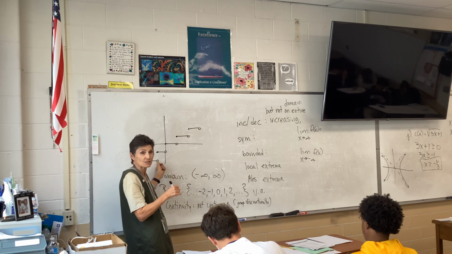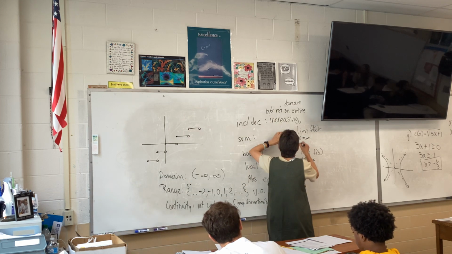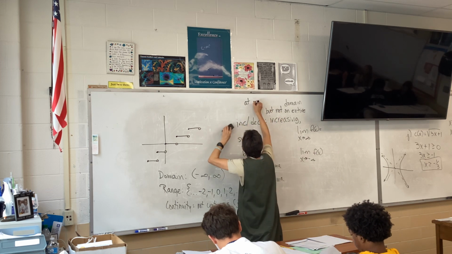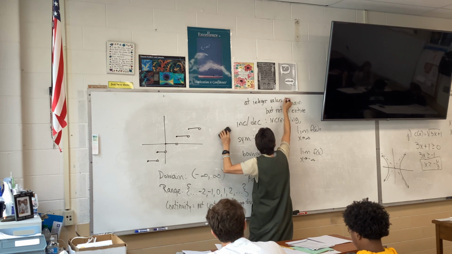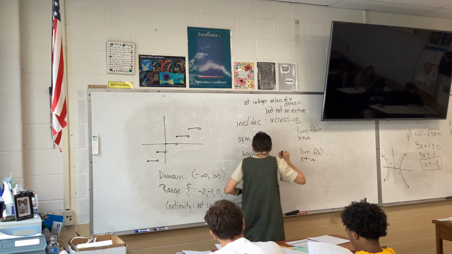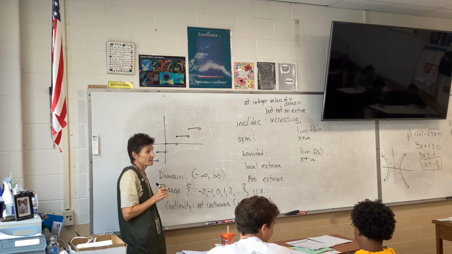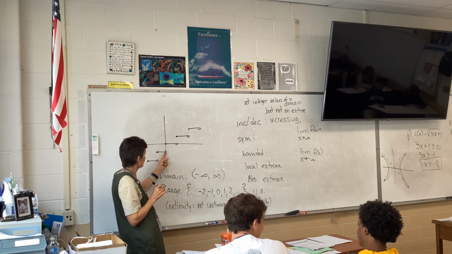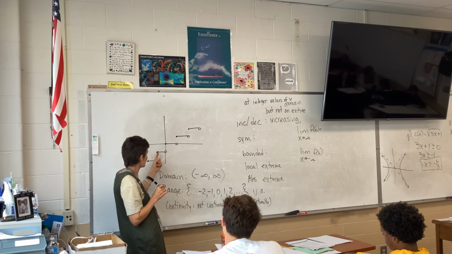Increasing at integer values of X. You guys picked this problem, not me, okay? So at this value right here, it increases. I gotta be careful though, because it doesn't really, I guess it doesn't. Okay.